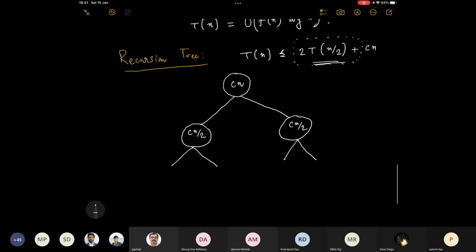In some sense, T(n) is nothing but the sum of the labels of all nodes in the recursion tree.